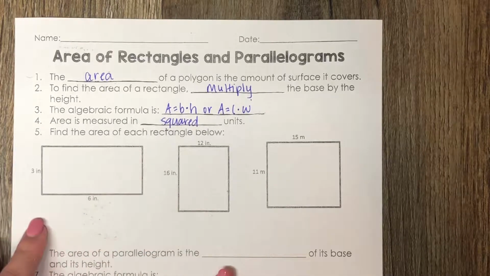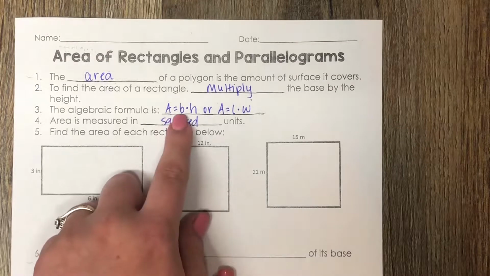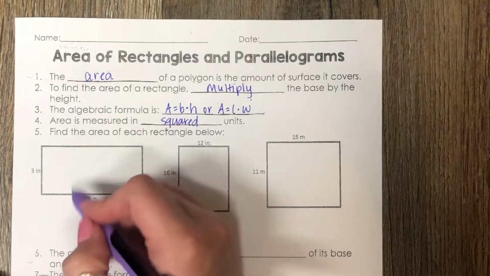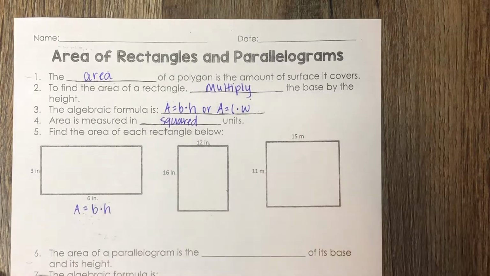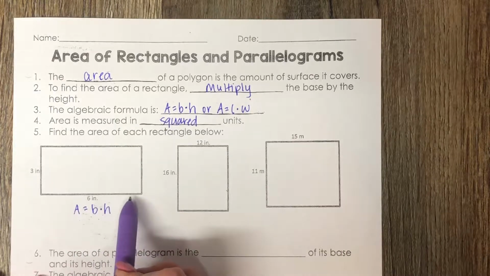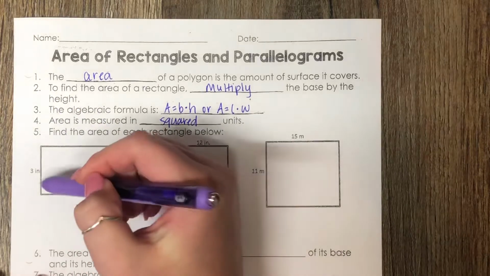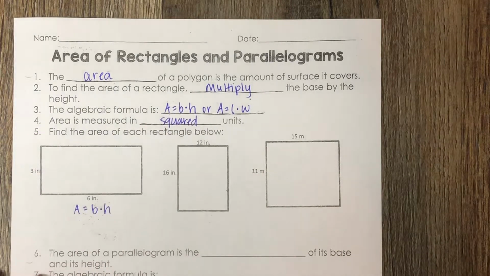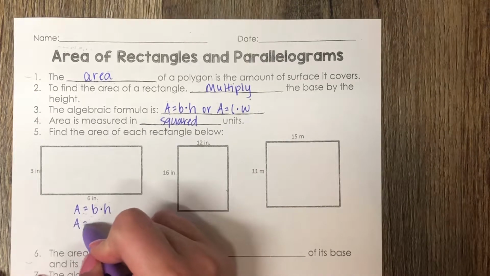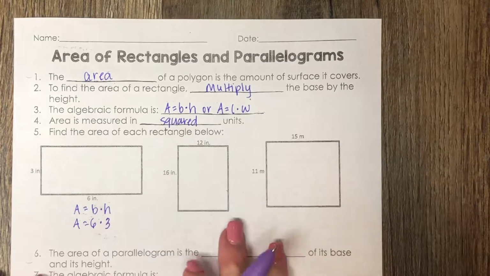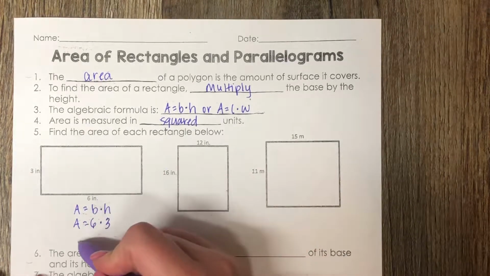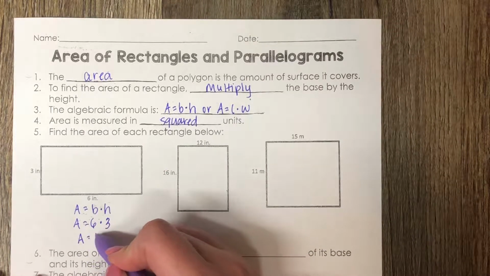So this is a rectangle, so our formula, as we said in number 3, is area equals base times height. In this example, the base of our shape is 6 inches and the height is 3 inches. So area will equal 6 times 3, which means that area equals 18.